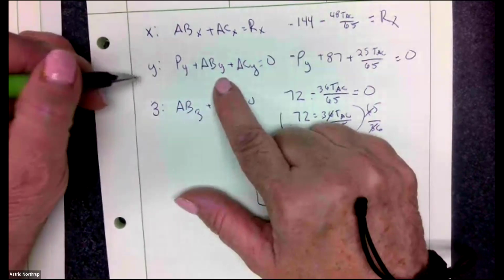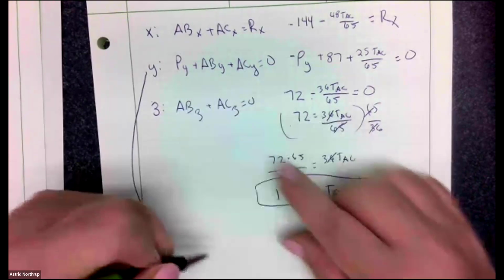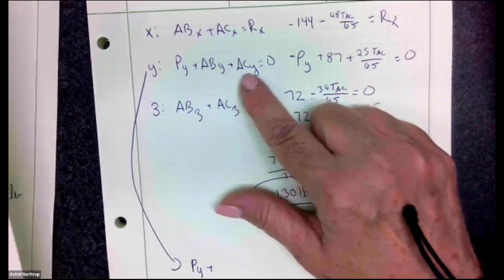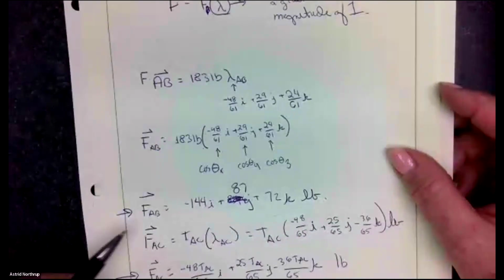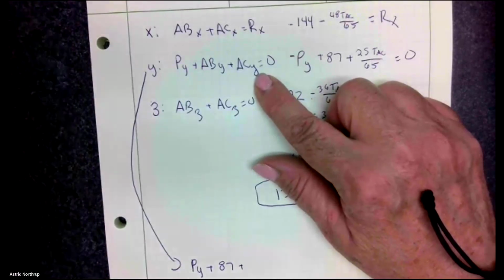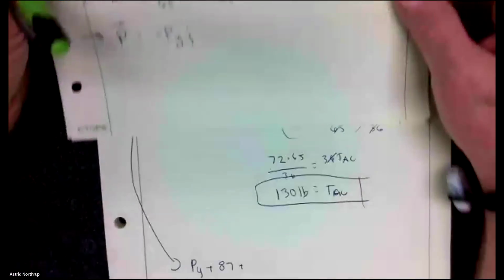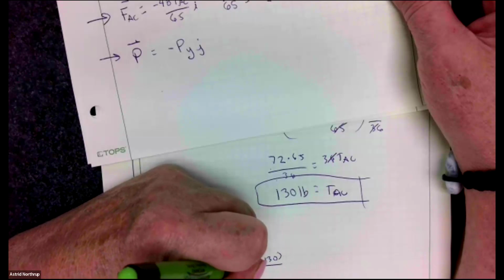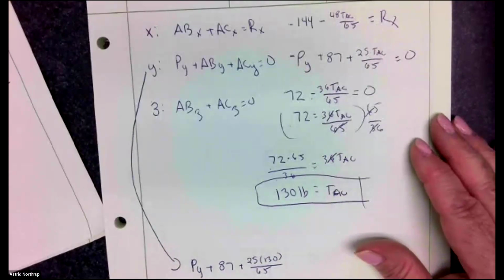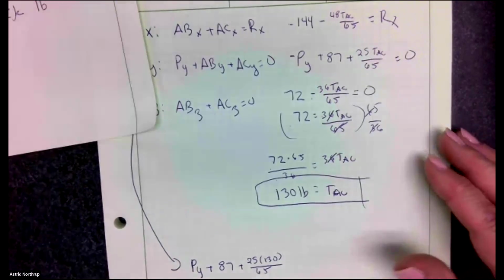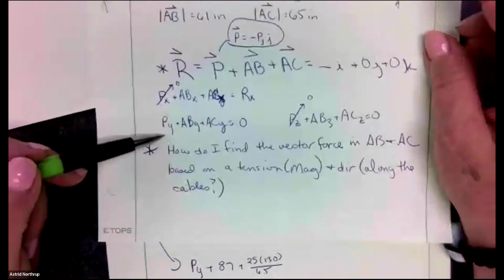So if I take a look at my Y direction equation, I can say P sub Y, which is what I'm looking for, plus AB in the Y direction, which is 87, plus AC in the Y direction, which is 25 times 130 over 65, equals 0, comparing it to my original equation.